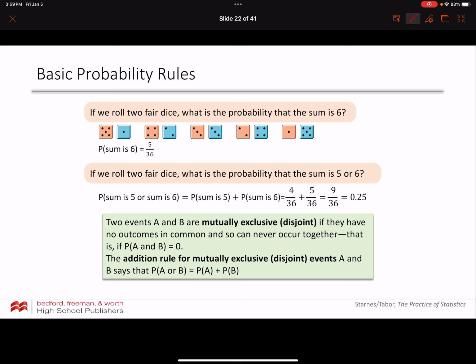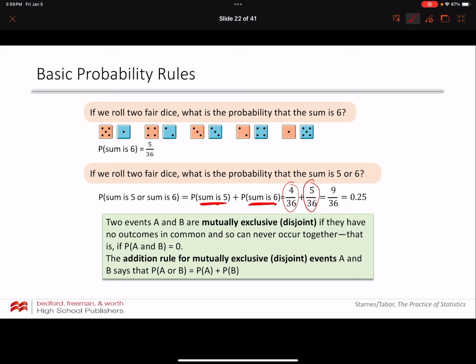The reason we can add these two probabilities together is only because these two events, and what are my two events? Rolling 2 dice and having a sum of 5, and having a sum of 6.